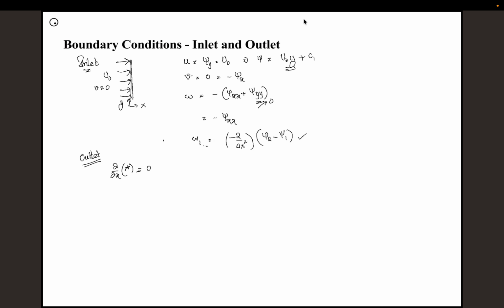So let's say you want to solve a problem like this. Let's say this is some channel. So these are two walls. This is your domain, and let's say this is open to atmosphere, and this is also open to atmosphere.